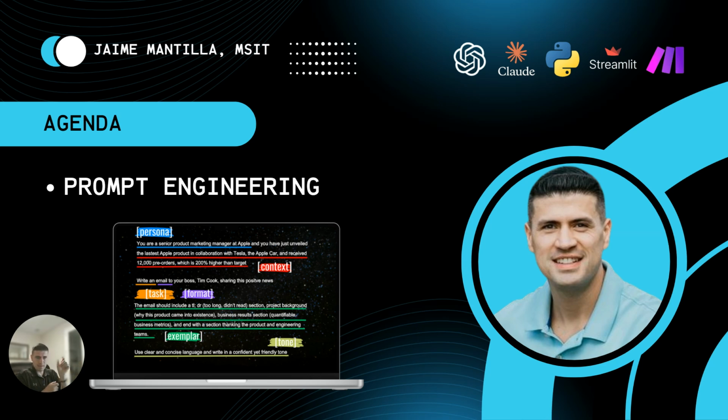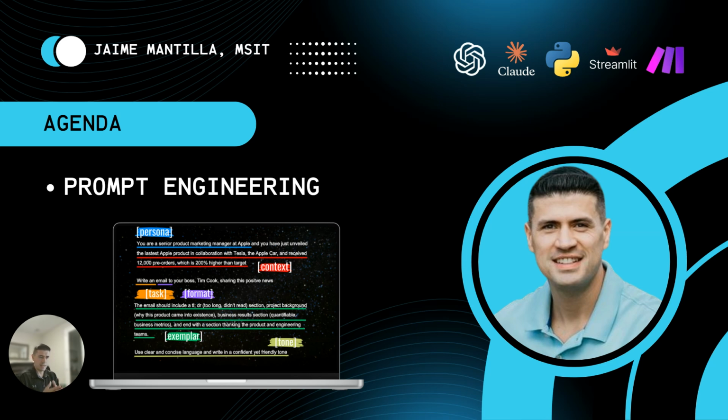Doesn't have to be extensive. In this case, it's just a word, an email. So ChatGPT or the LLM will know what you're referring to. And then the email should include a TLDR, so too long, didn't read section, project background, why this project came into existence, a business results section, so quantifiable business metrics, and a section thanking the product and engineering teams.